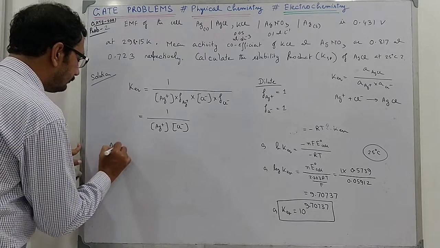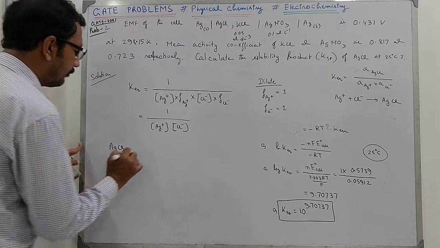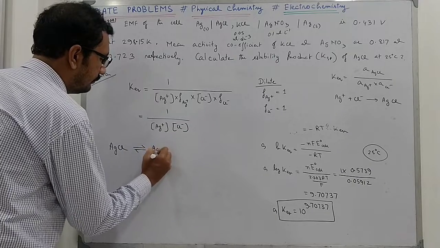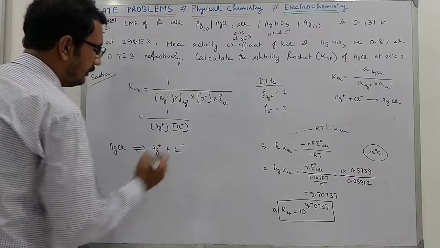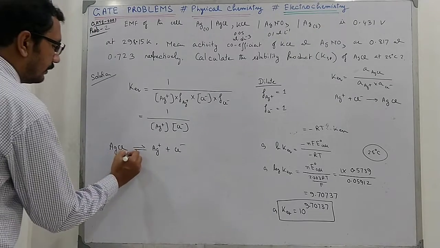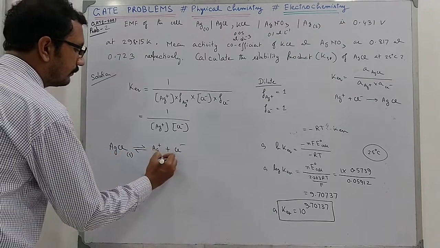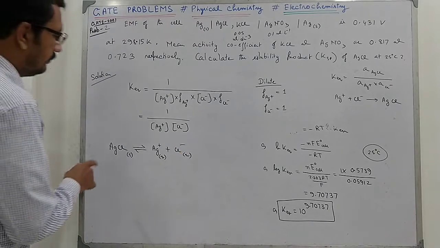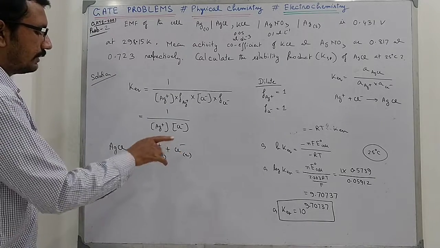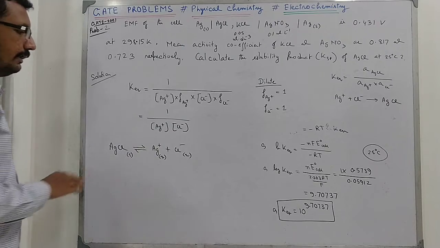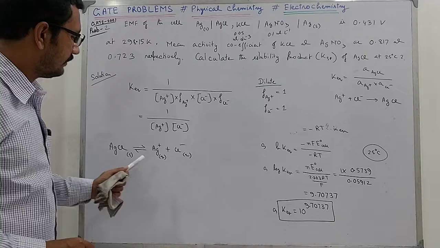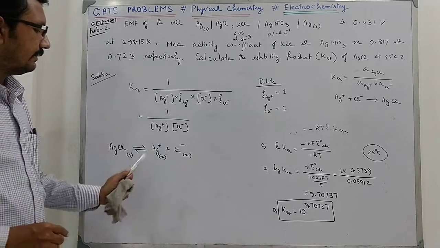Now for finding the solubility product, we have to write this dissociation reaction. It is solid, it is aqueous, and the forward reaction occurs, the backward reaction occurs, and a time will come when the forward reaction will be equal to the backward reaction and equilibrium will be attained.